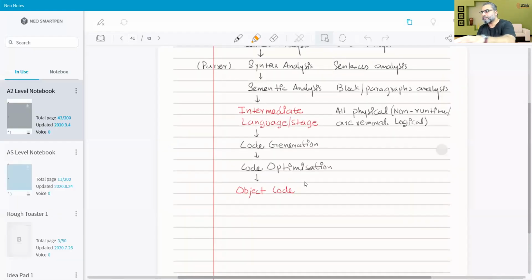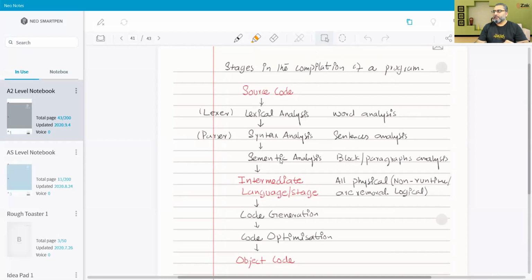So before we go any further, there is another thing which is called semantic analysis.